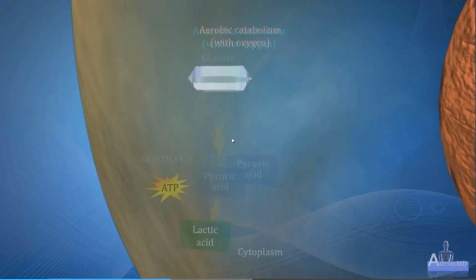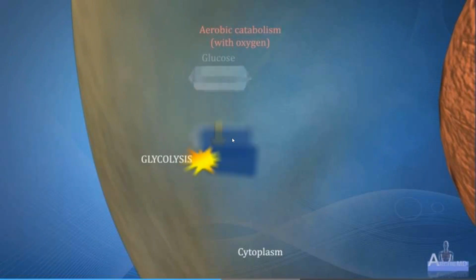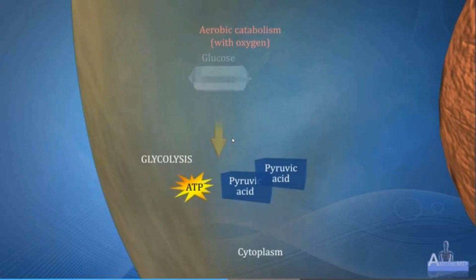The focus of this demonstration of glucose catabolism will be on the aerobic catabolism of glucose. If oxygen is available, glucose is broken down during 3 series of chemical reactions and ultimately forms carbon dioxide, water, and energy, or ATP. In this process, glucose is first broken down to pyruvic acid in the cytoplasm.